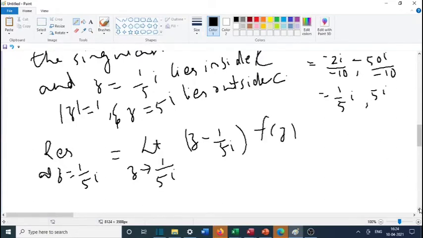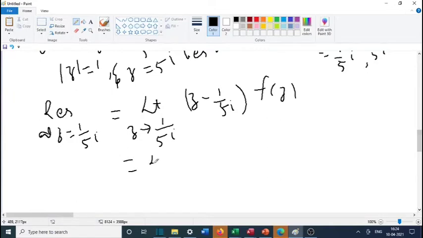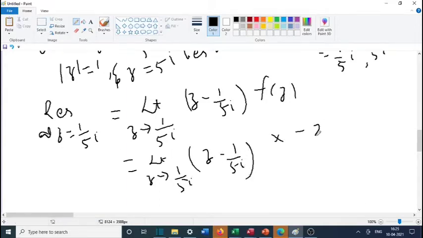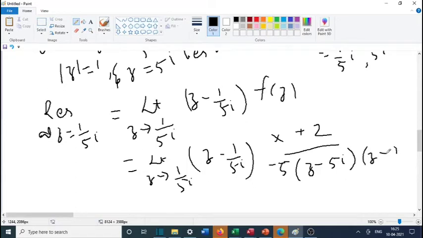Here f of z is 2 by minus 5 into z minus 5i into z minus 1 by 5i, and the z minus 1 by 5i term cancels.